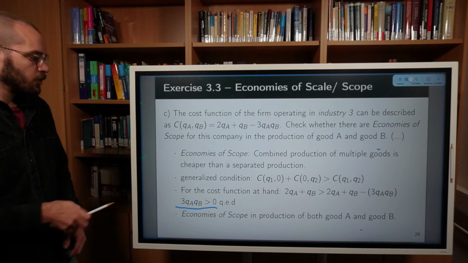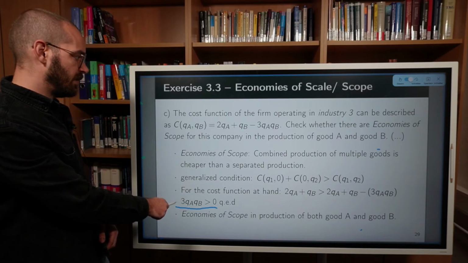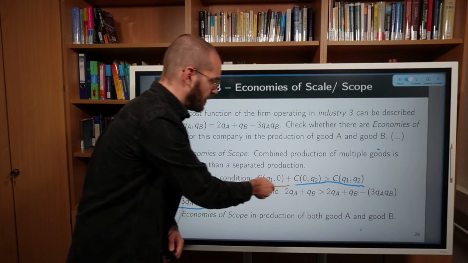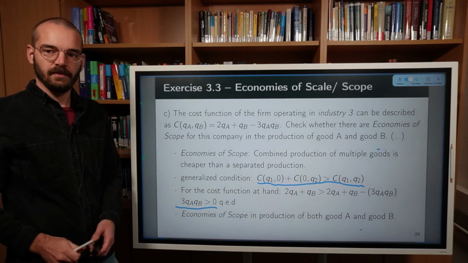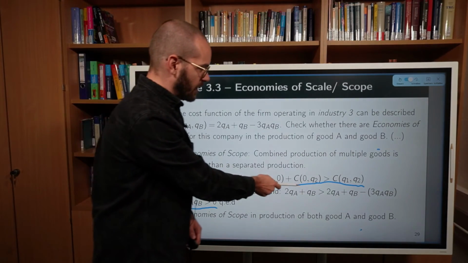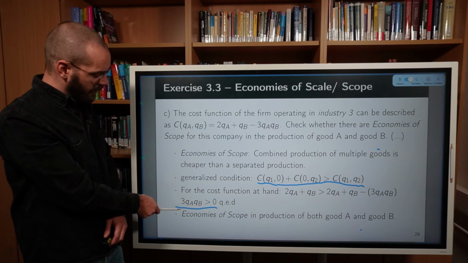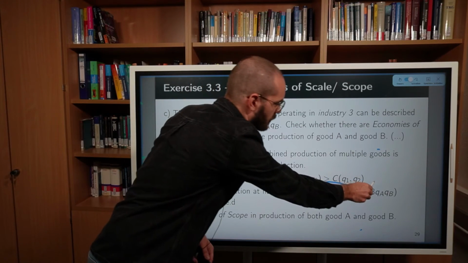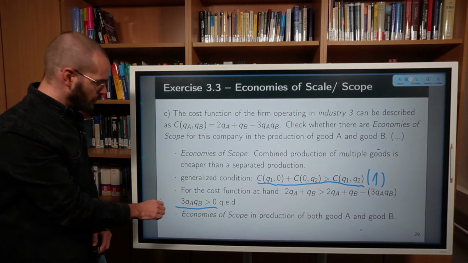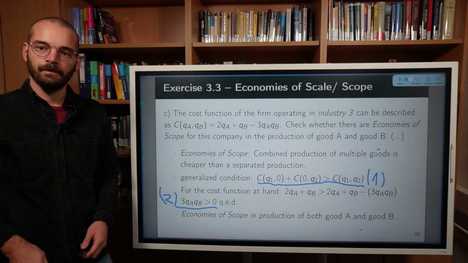All right, and by showing that the left-hand side is larger than 0, we have shown that this expression over on the top over here is true, right? So this expression, let's call it 1, is true for any situation where this expression, 2, is true.